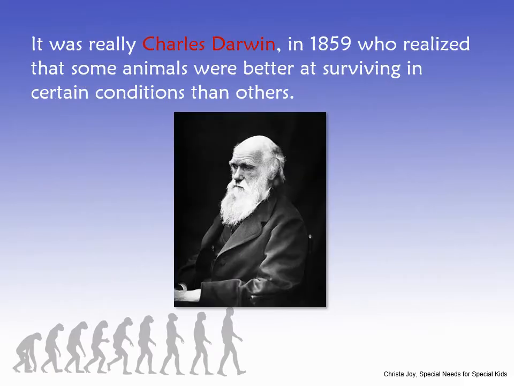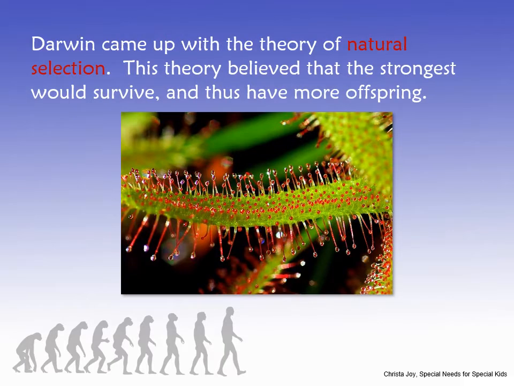It was really Charles Darwin in 1859 who realized that some animals were better at surviving in certain conditions than others. Darwin came up with a theory of natural selection. This theory believed that the strongest would survive and thus have more offspring.